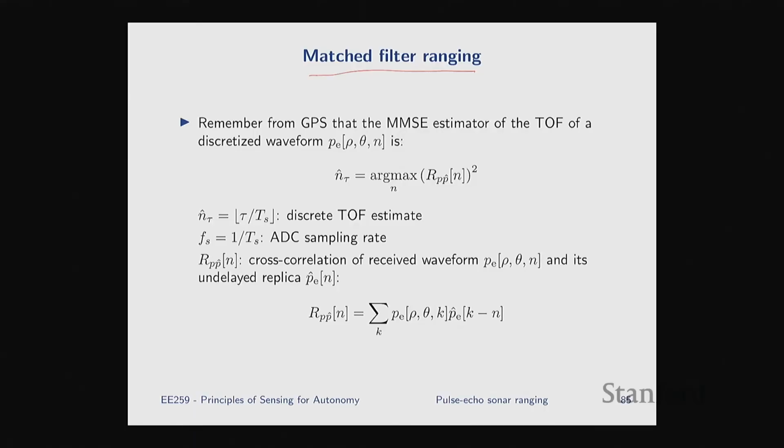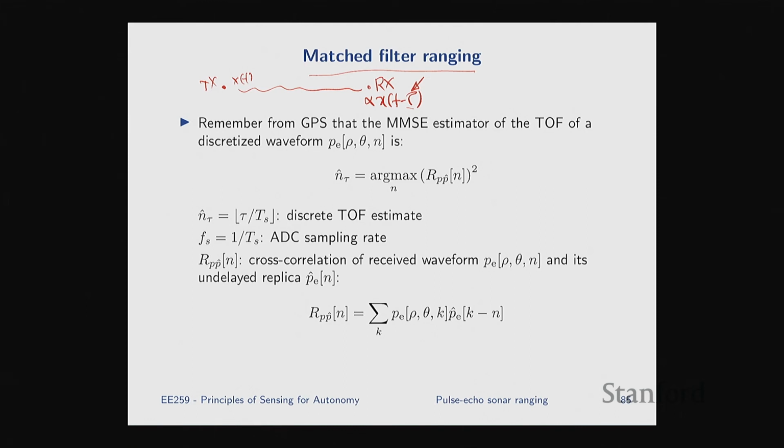Let's remind ourselves, when we were talking about GPS, we did this very general derivation: if you have some transmitter transmitting some signal x of t, and a receiver that receives some attenuated and delayed version of x of t, like alpha times x of t minus tau, and you want to estimate tau, and you set your criteria as minimizing the mean squared error in your estimation of tau, then the optimal detector is what we call a matched filter.